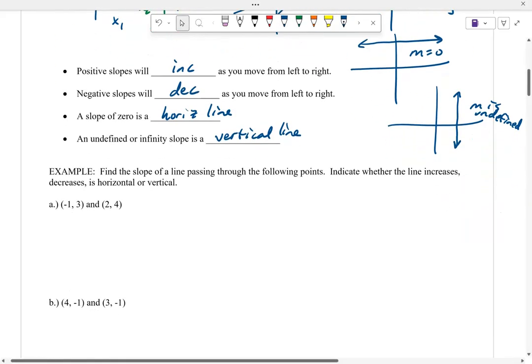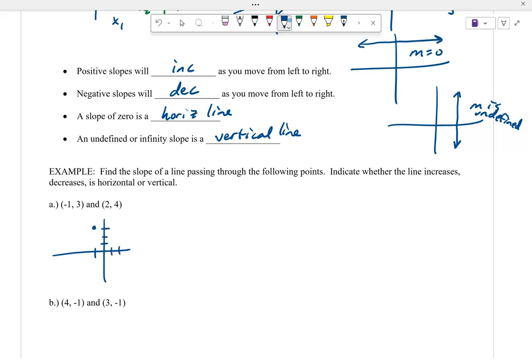Let's go ahead and find that for these 2 points. And hopefully you remember that when you graph, you got negative 1, 3, you got 2, 4. So it's going from here to here. You're like, okay, this should be positive, right? I should get a positive value for this slope. Let's name it x1 and y1 and x2 and y2.